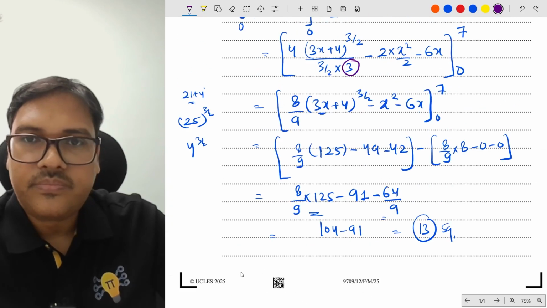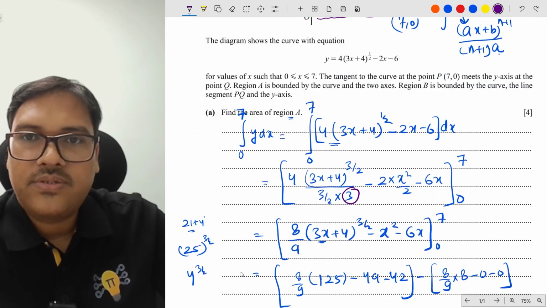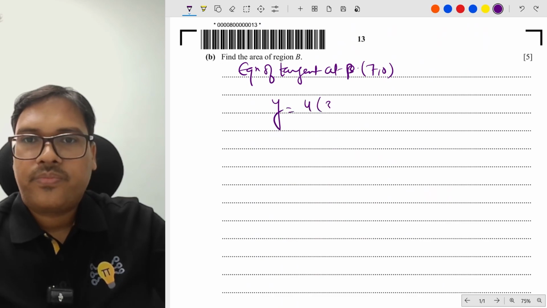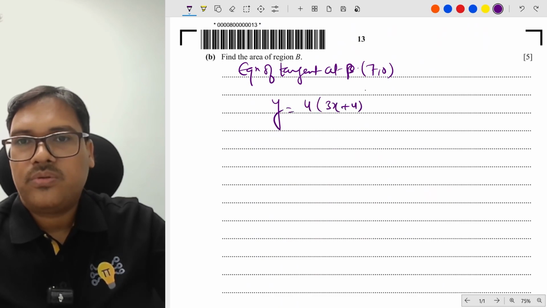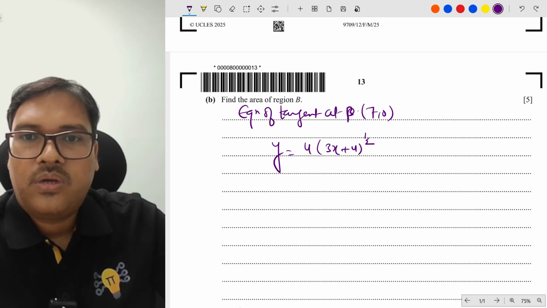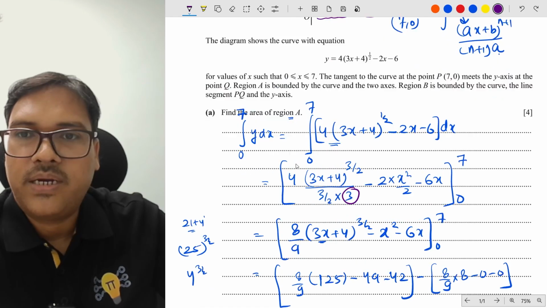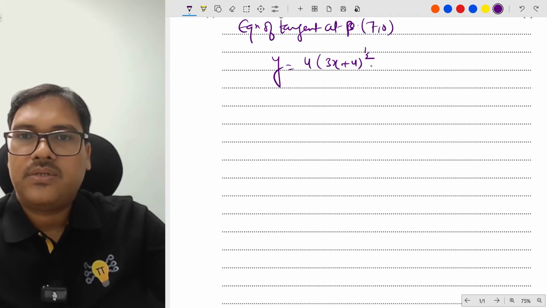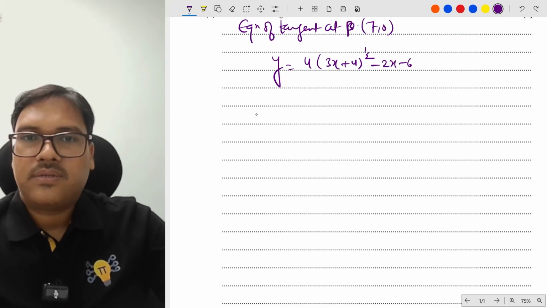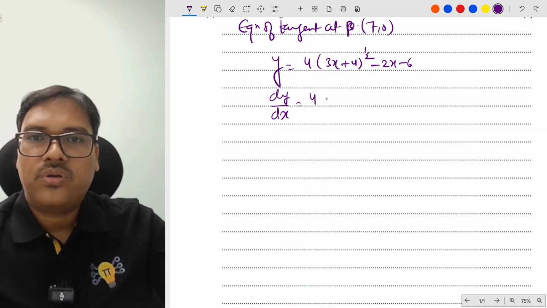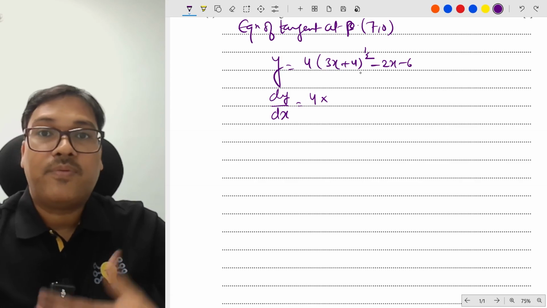So let's see what is the equation of curve. y is equal to 4 (3x + 4) raised to 1 by 2 minus 2x minus 6. So what is dy by dx? This is 4. We have to apply the chain rule.